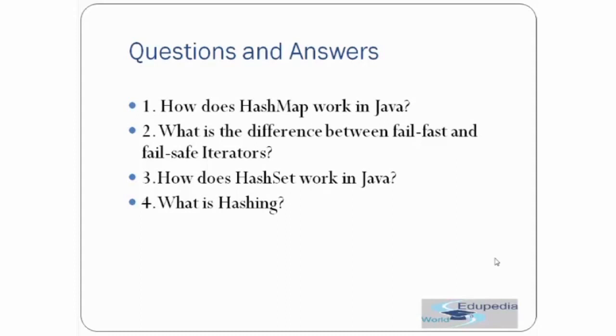So we have got a hash value up till now. After that we pass this hash value to another method called indexFor. This will give us the correct index of the bucket where we need to get, or put, or even remove the element.